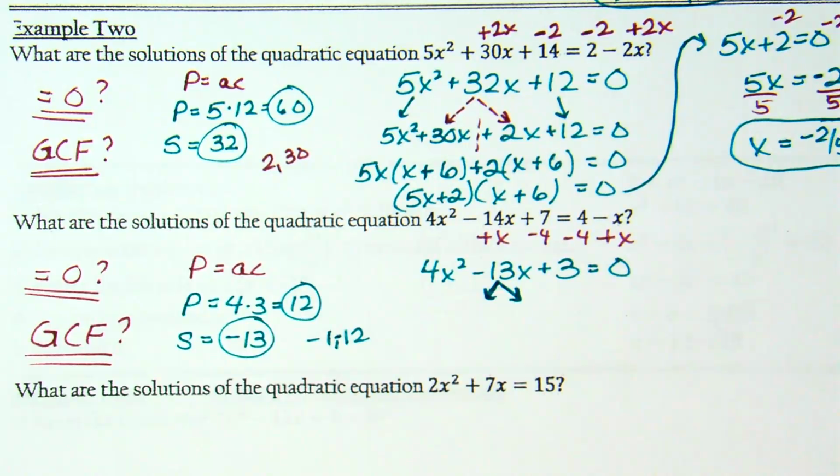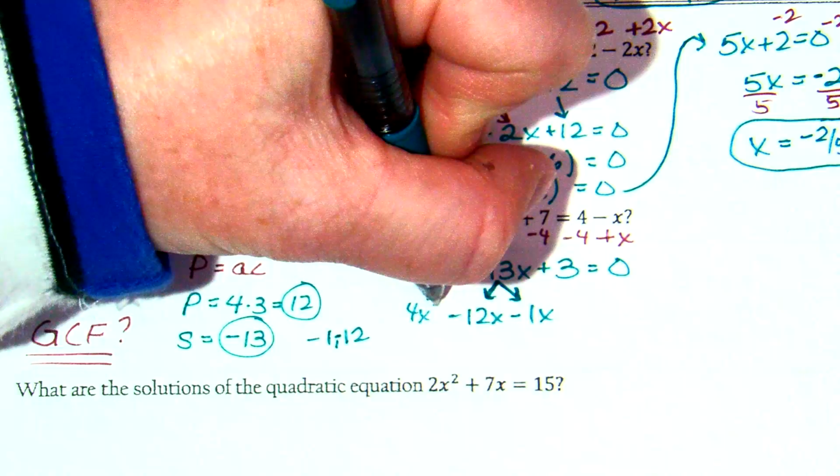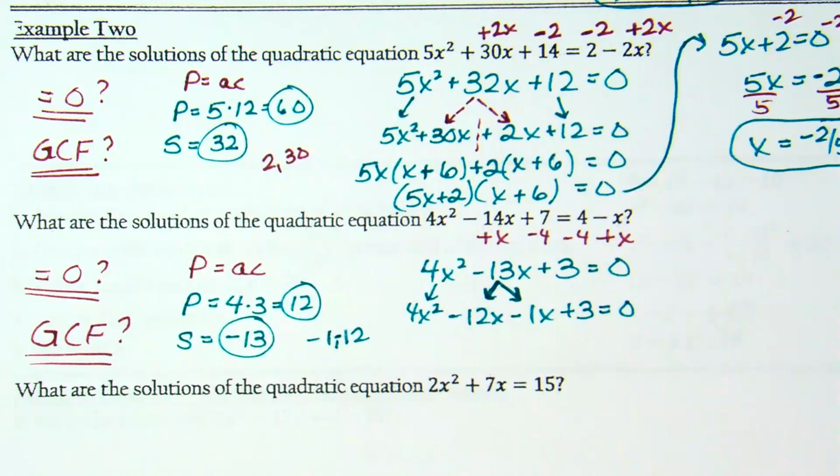Okay, so I'm going to split that to be minus 12x minus 1x. What happens with the 4x squared and the plus 3? They carry down. So I have 4x squared minus 12x minus 1x plus 3, and it equals 0.